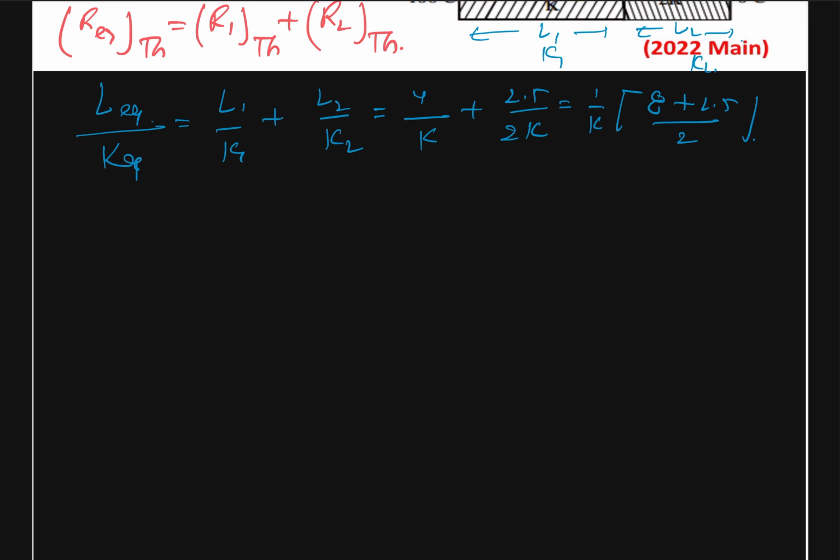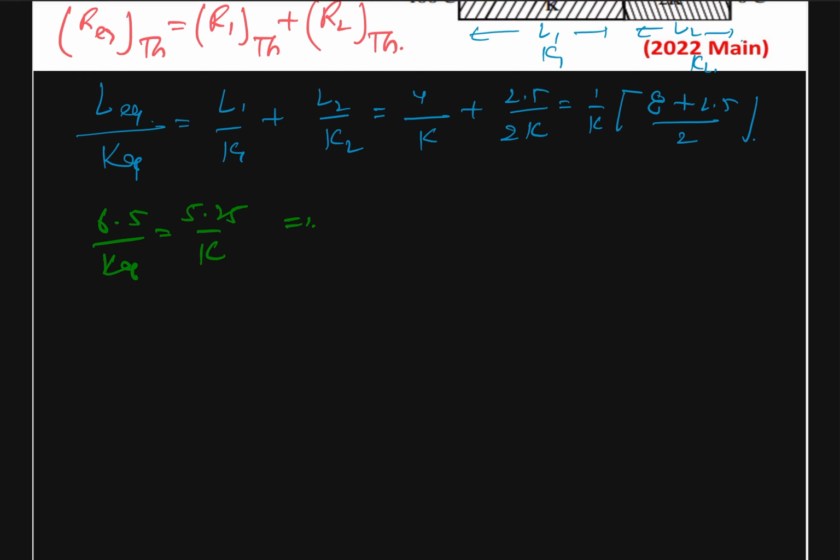So we get 6.5 upon K equivalent is equal to 1 upon K times 8 plus 2, that is 10.5, divided by 2, which will be equal to 5.25.